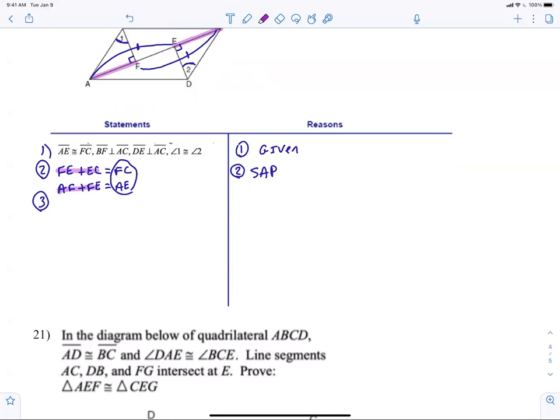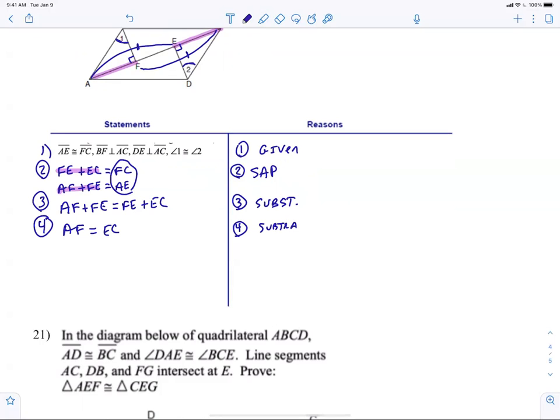Do you agree with that? Right, so we can say AF plus FE equals FE plus EC. And that's just a what? Substitution. And then we can say AF is equal to EC. And that is what now? Subtraction property.